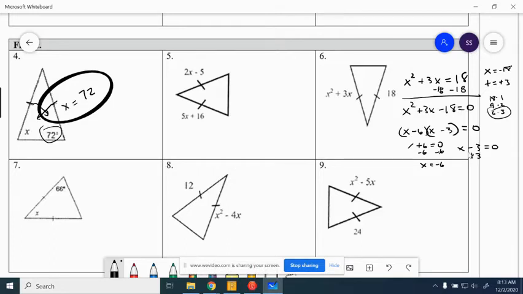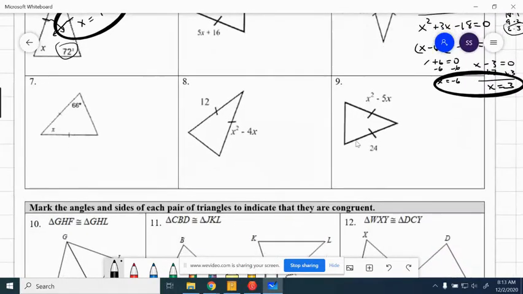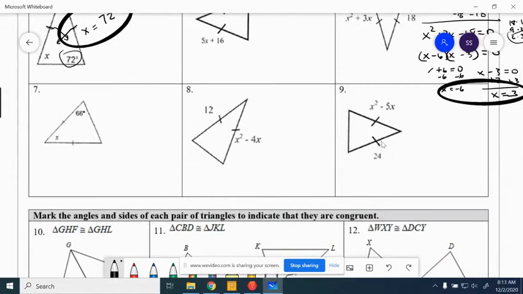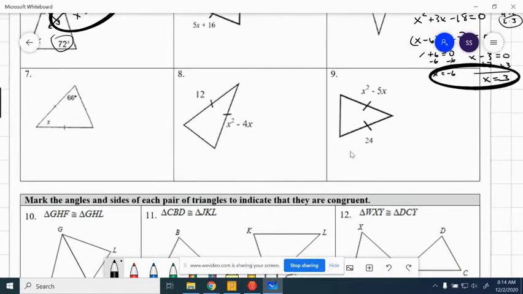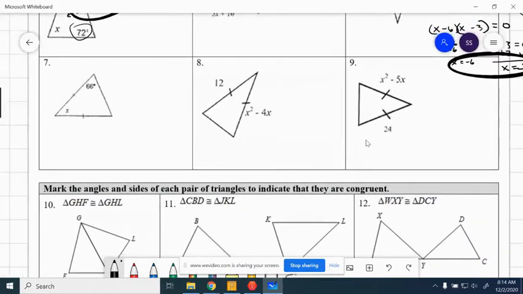Well, you just need to add 3. You're left with x is equal to 3. So there are your two values of x for that one. You're going to have to do the same type of problem for numbers 8 and 9. If you're struggling with factoring, just come see me on my Google Meet.